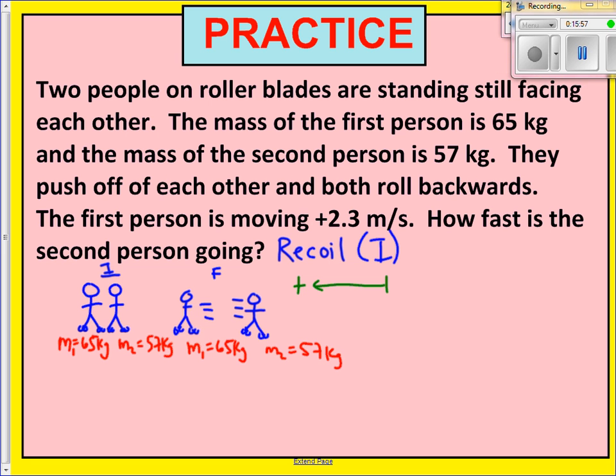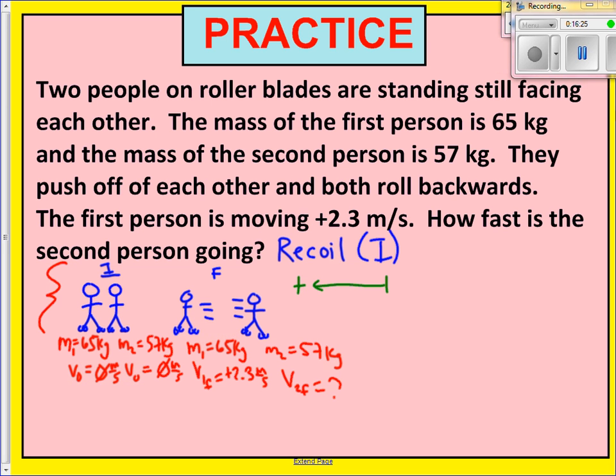Now, their initial velocity for both of them is 0. And notice, because this is an inelastic collision, they're stuck together at the very beginning. So I'm going to treat this side initially as being stuck together. Now, when they separate, I'm told that the velocity of the first person final is positive 2.3 meters per second. So we are asked to figure out what is the velocity final of person 2.